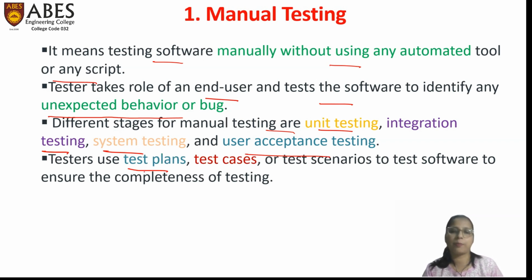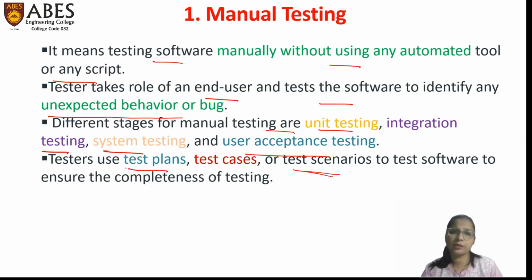Say they plan to test module 1 first, then module 2, then module 3. Accordingly, they plan to check each module with some specific number of test cases, and what sort of scenarios will be considered to create test cases, and then finally test the system for those test cases.